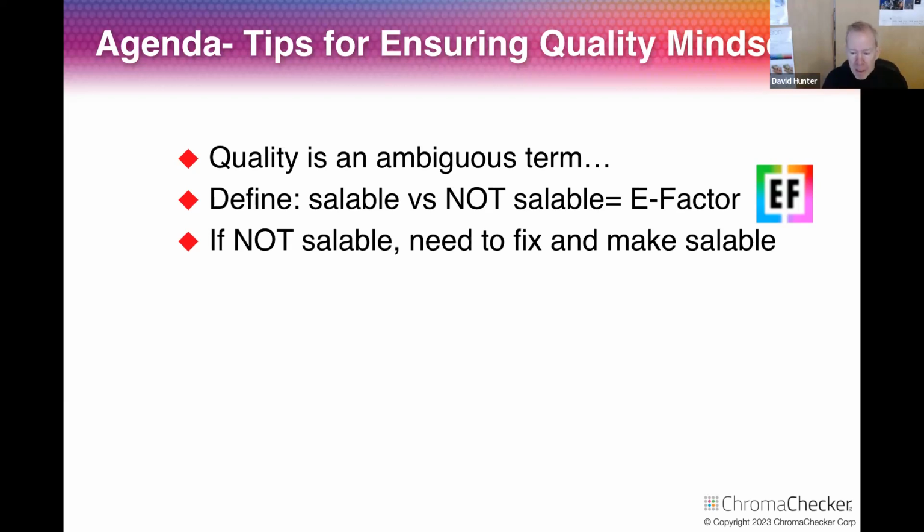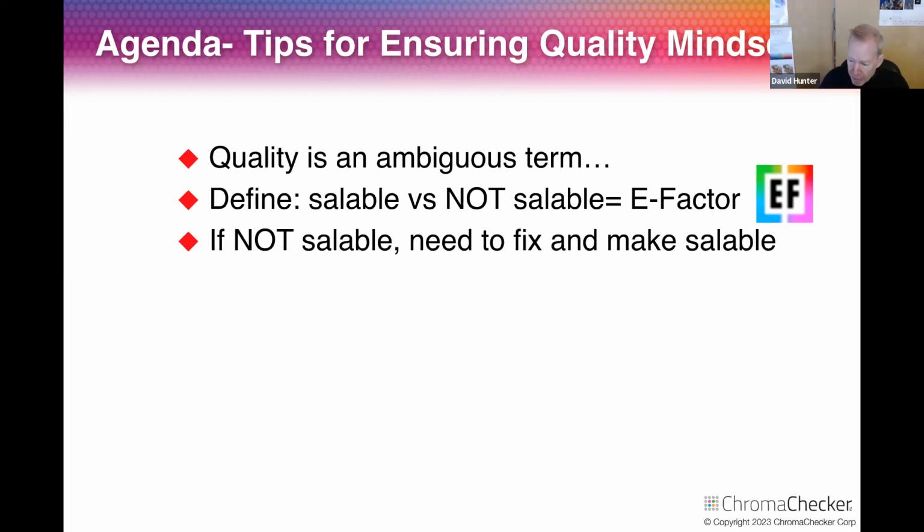And so if a print fails your desired expectation factor, your E-factor, meaning it's not sellable, ideally you want to fix that printer as quick as possible to get that printer printing sellable again. And we all know that depending upon the type of printer you're dealing with, it could be a very inexperienced operator on that printer, because we are all having a tough time finding people to work.